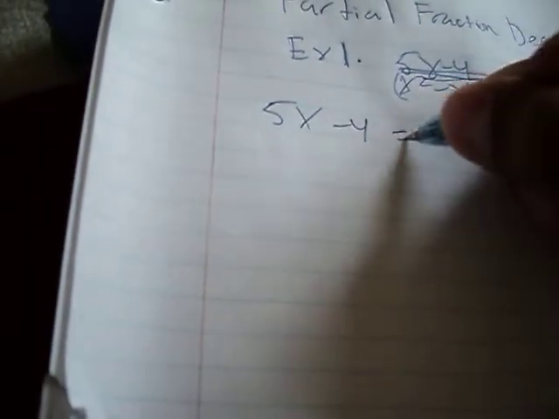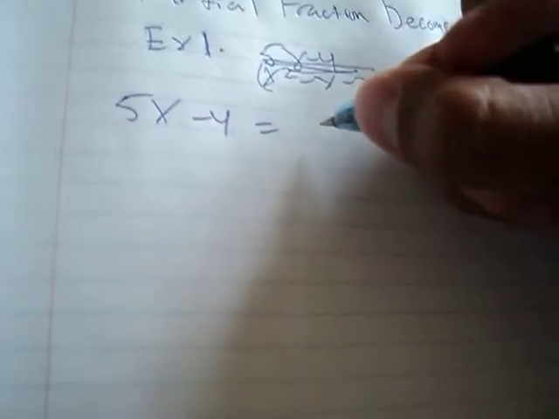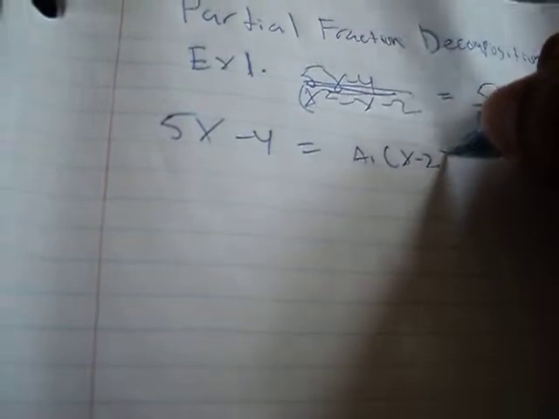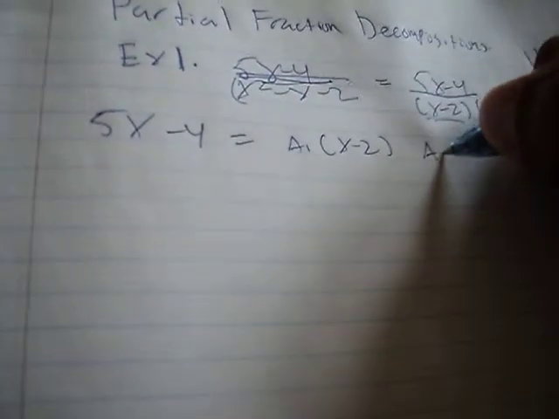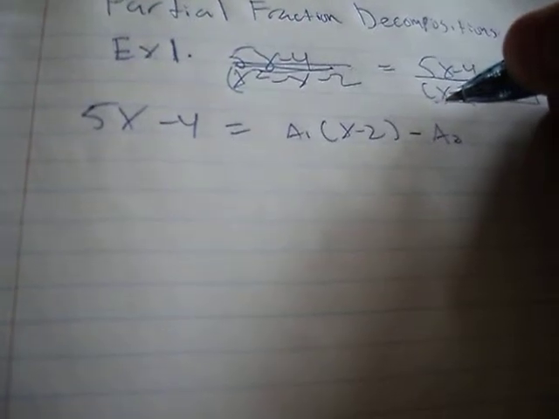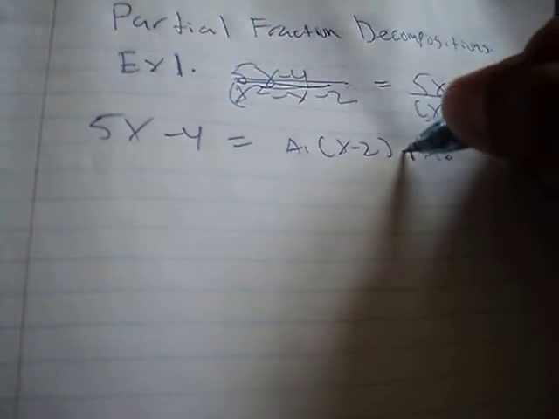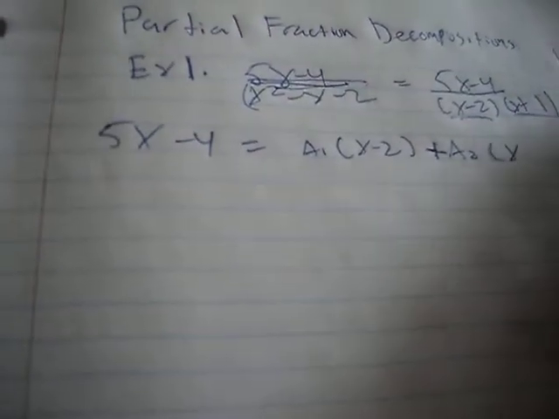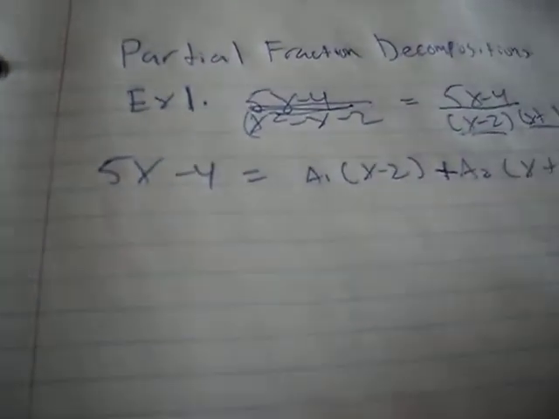So, we use the original problem right here, 5x minus 4 equals, now this is where it gets different. So your A1 is going to be times x minus 2, and of course your A2, my apologies, times x plus 1 right here.